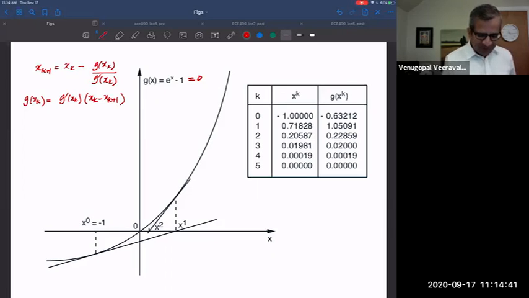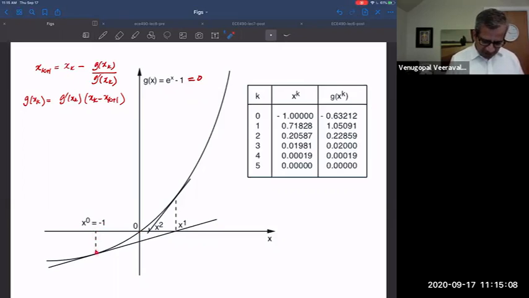The solution, of course, is x equal to 0. So let's see whether Newton's method will take us to x equal to 0 and how fast it gets there. We say we started at -1.